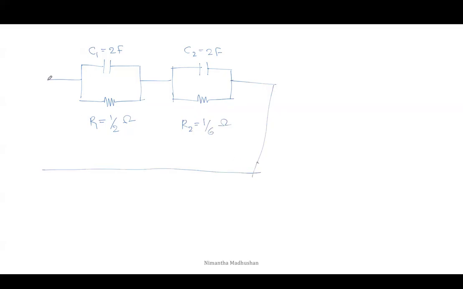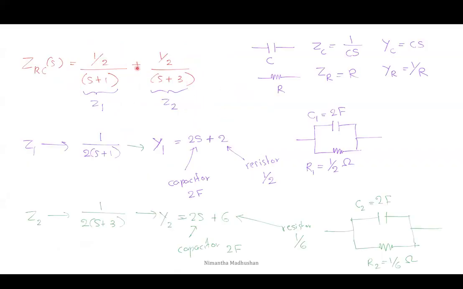We can obtain the final impedance between these two points. This is the ZRC. The final circuit will be like this. This is Z1 and this is Z2. Both are connected in series because of this plus mark, and the elements within each are connected in parallel because of the plus mark in the admittance value.